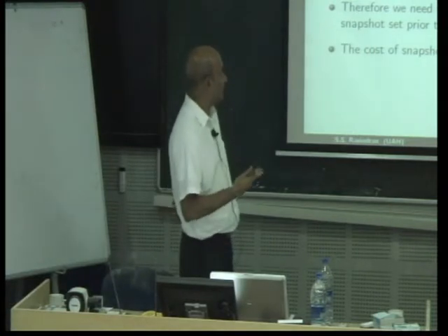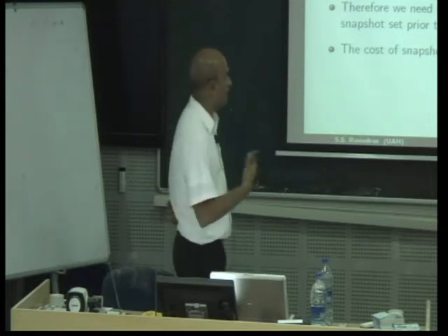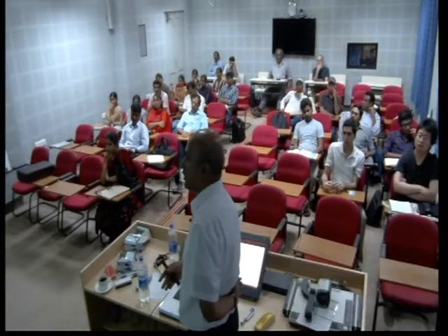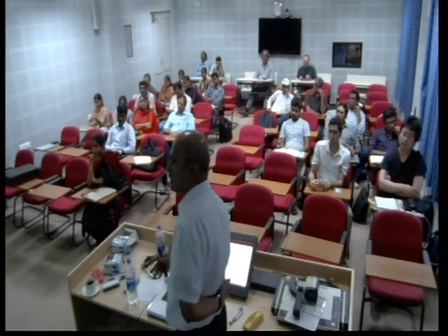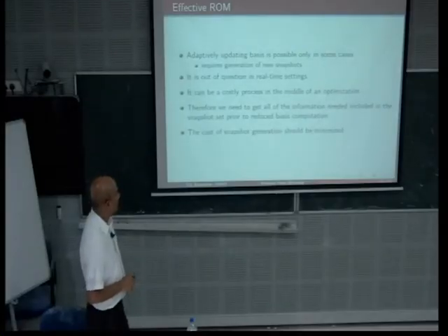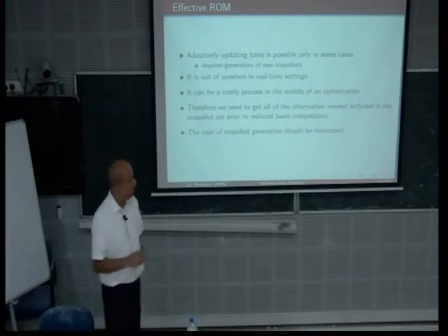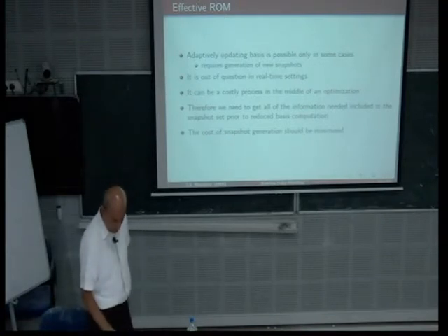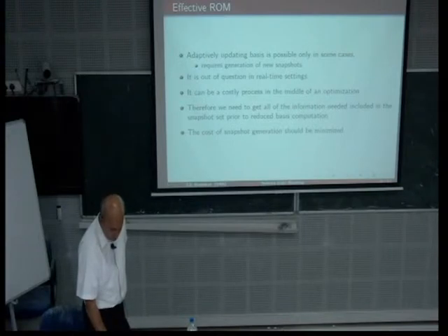If it is not real-time, of course, you could adaptively update the basis so that your model is robust to parameter changes, control action and so on. But it can be a costly process in the middle of an optimization. Therefore, we need to get all the information needed in the beginning, before you start simulating with the reduced order model. Also, you have to minimize the computational cost of snapshot generation.